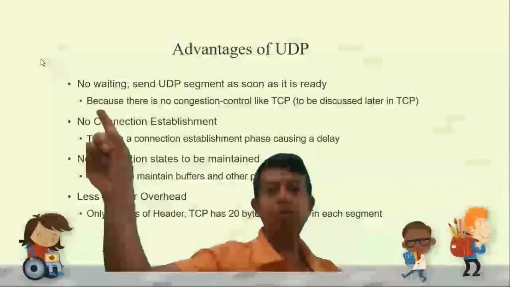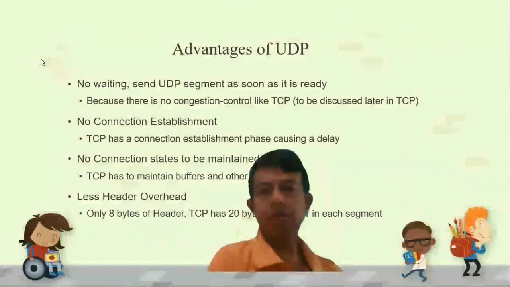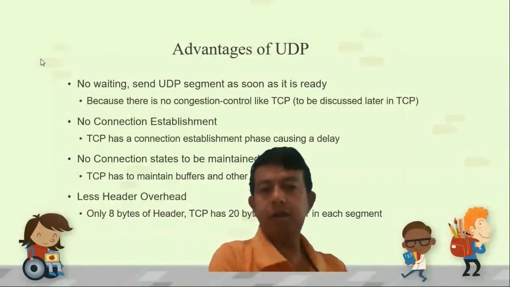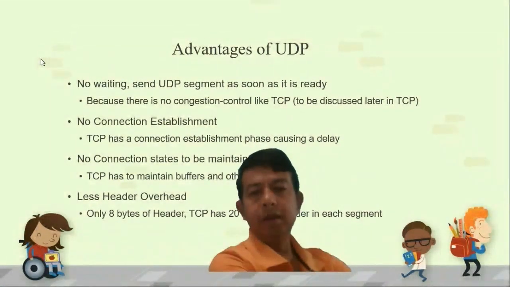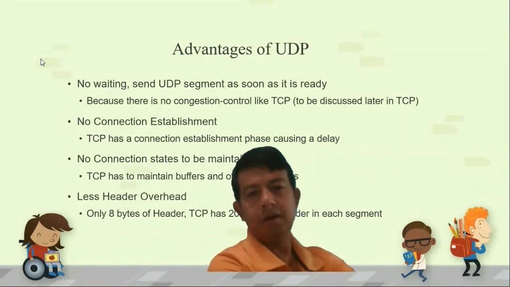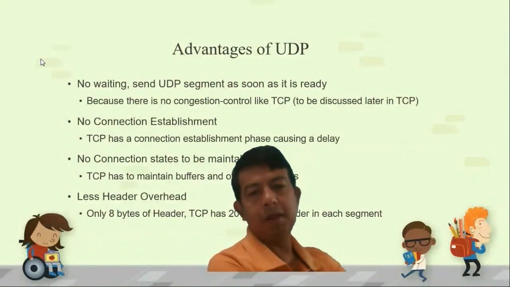First of all, there is no waiting. What does it mean? If an application uses TCP, there are certain situations in TCP where, as soon as data arrives from the application layer, TCP has to wait for a certain amount of time depending on the traffic in the network.